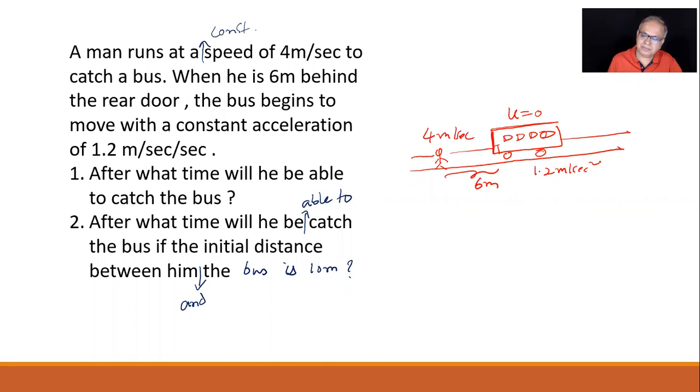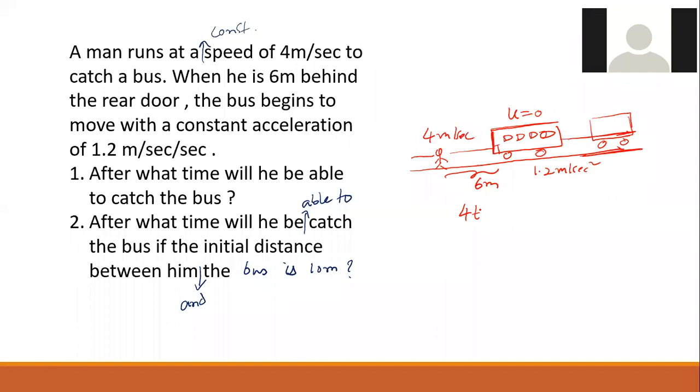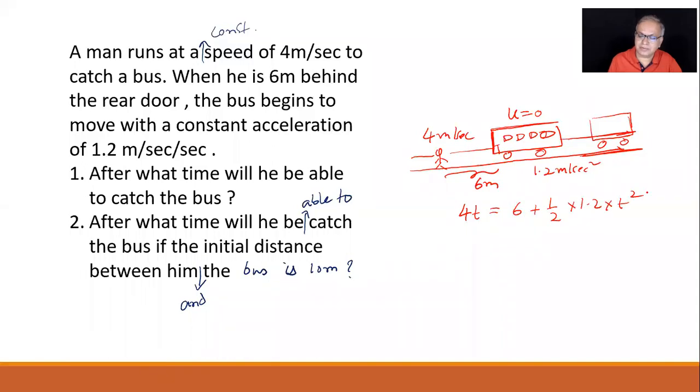So what should I do? Suppose at time t he catches the bus. The person will cover a distance of 4t, and the bus will cover half at square. And then we will use 6 plus half at square.